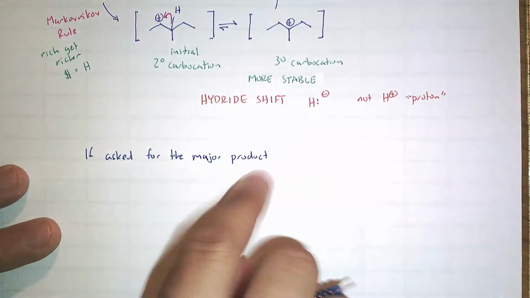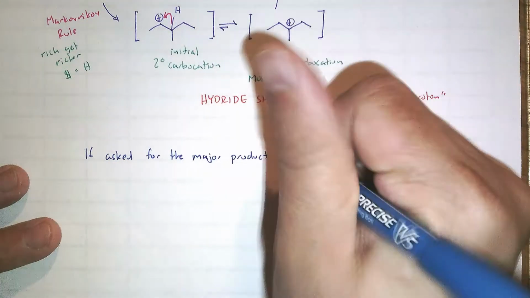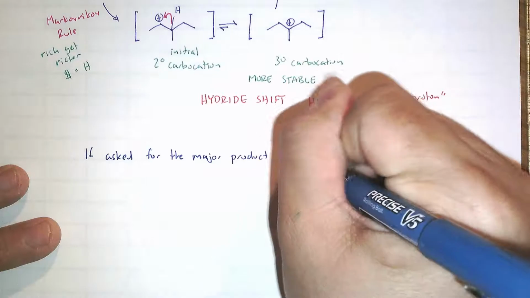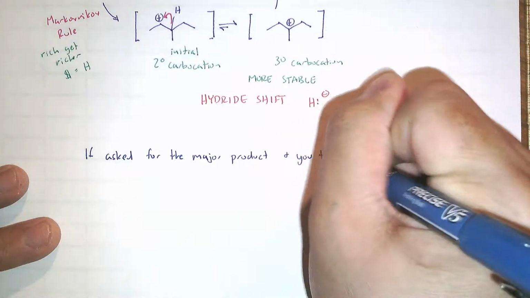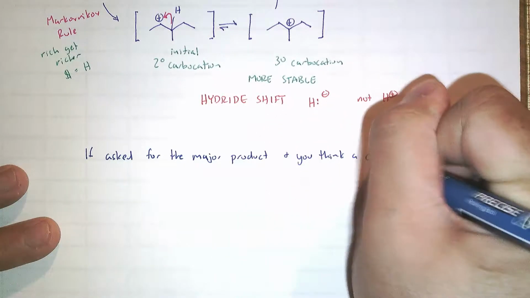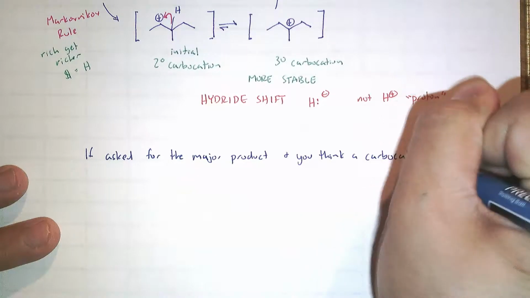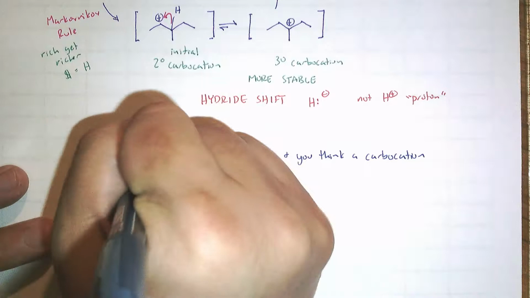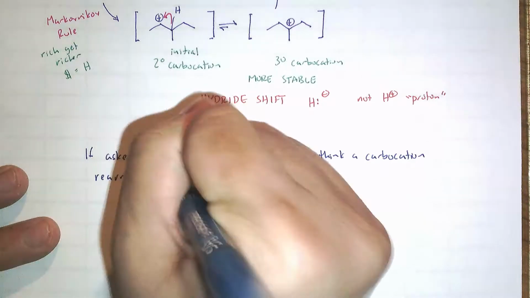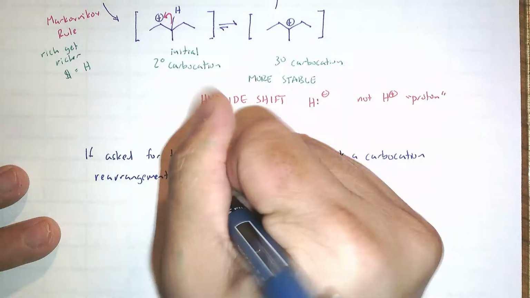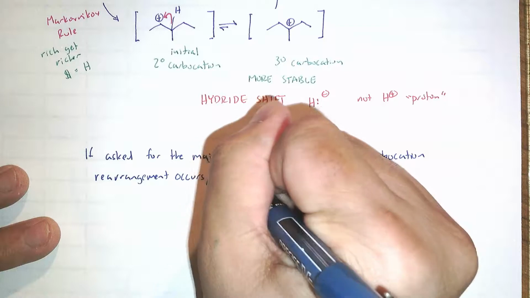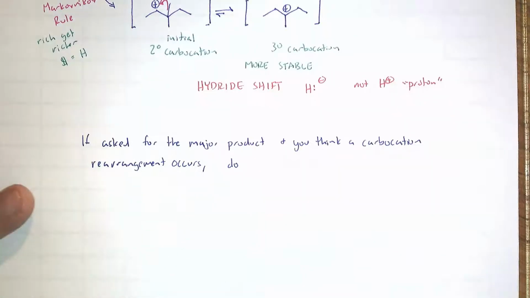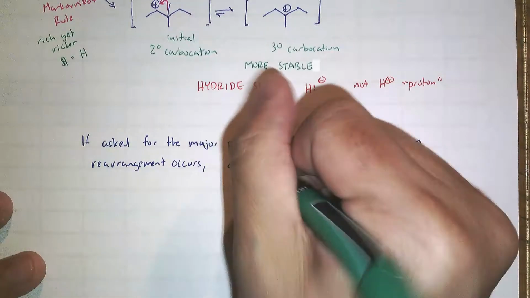If asked for the major product and you think a carbocation rearrangement occurs, do what? Do only one shift.